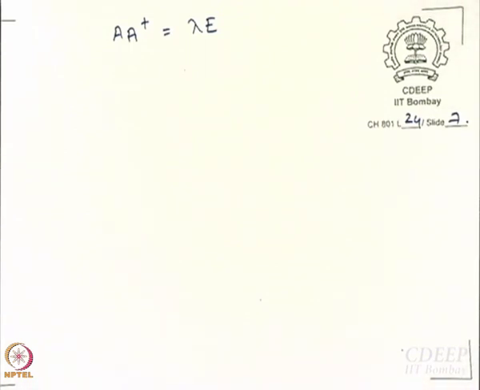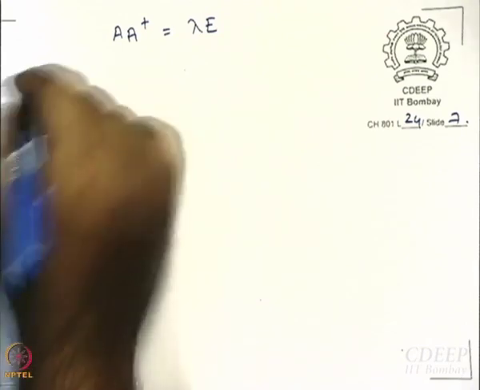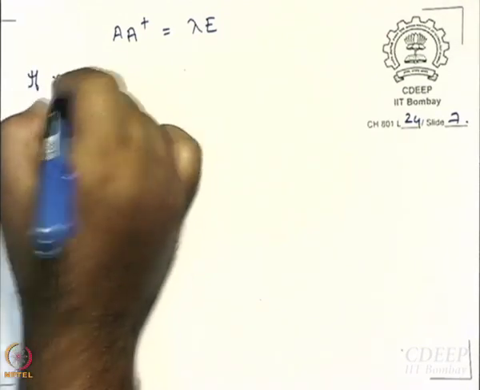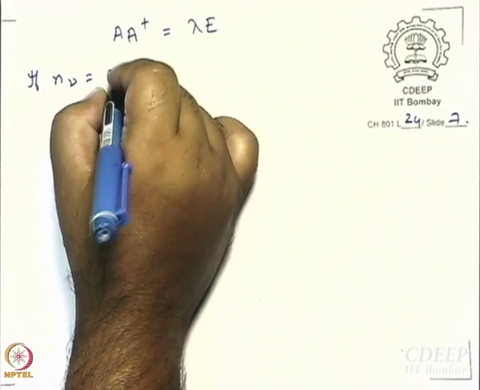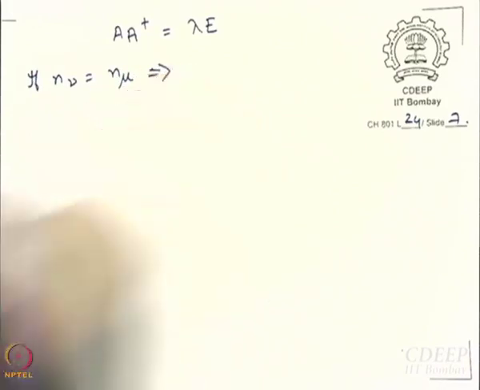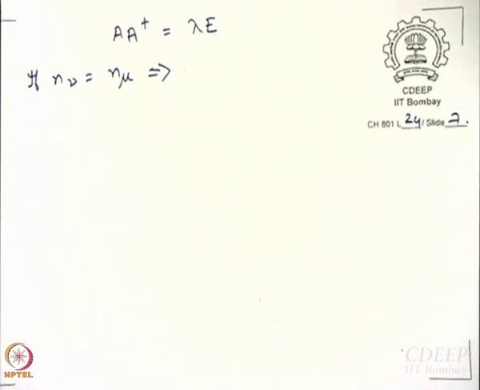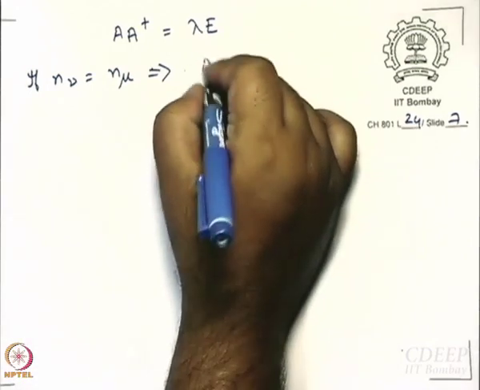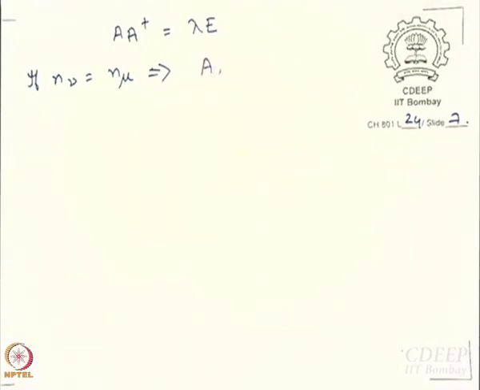So, what happens if n nu equal to n mu? What kind of matrix will A be? Square matrix? And what about A dagger?